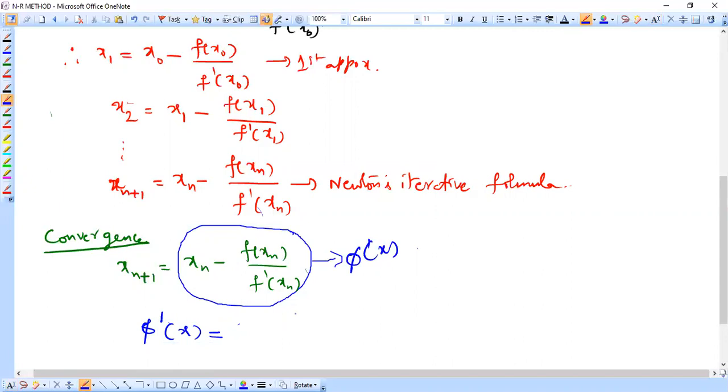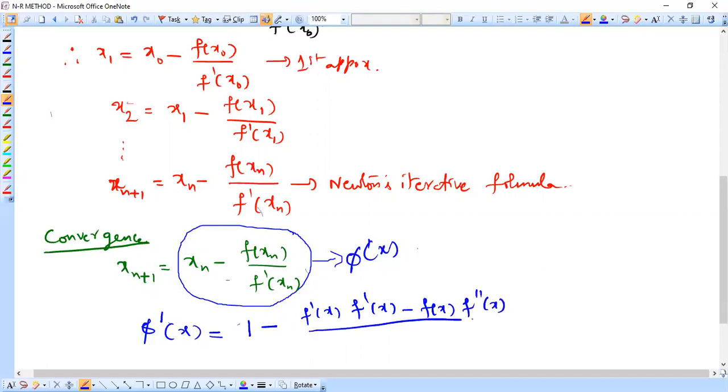With respect to x, the derivative is 1. Now I have f of x by f dash of x, where we can apply the u by v rule. So this will be f dash of x into f dash of x minus f of x into f double dash of x, and then this entire term divided by f dash of x whole square.